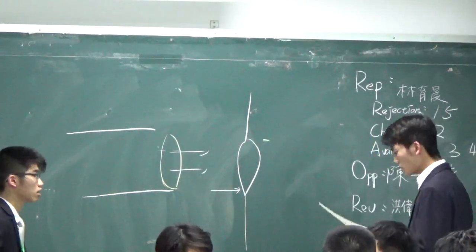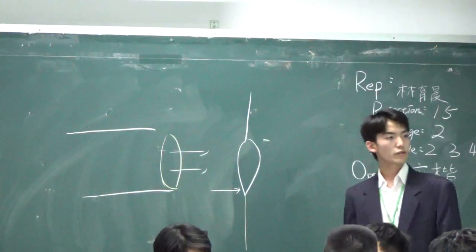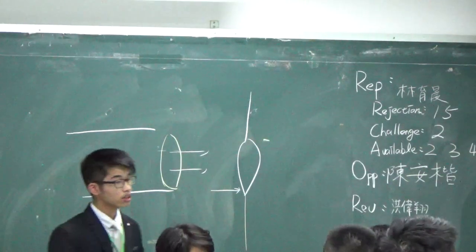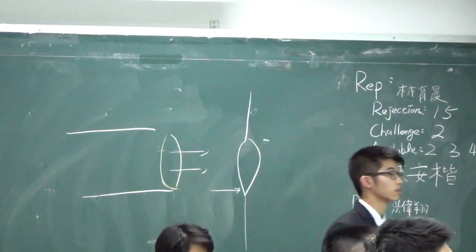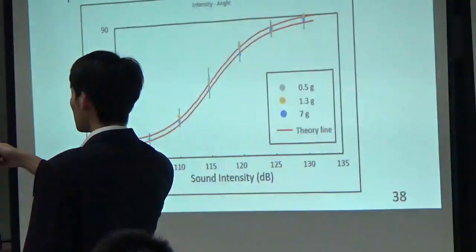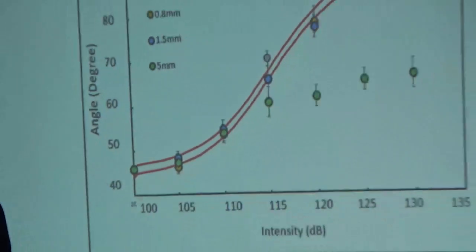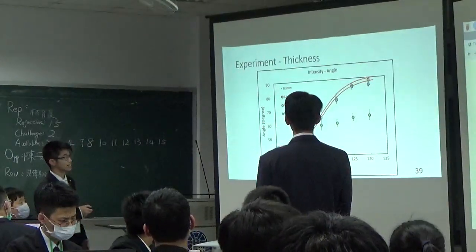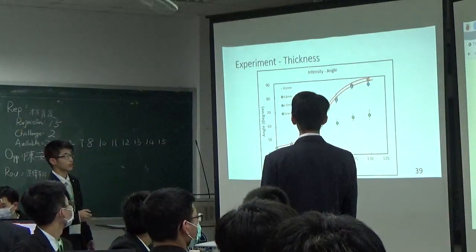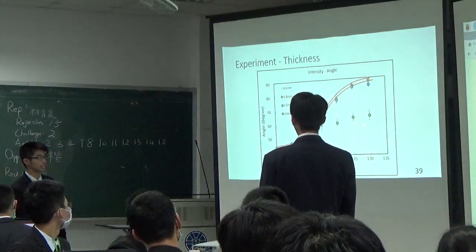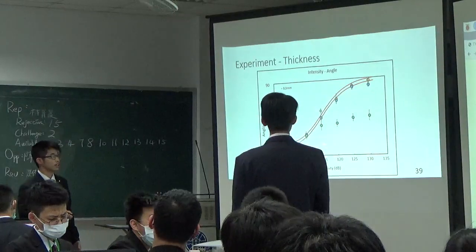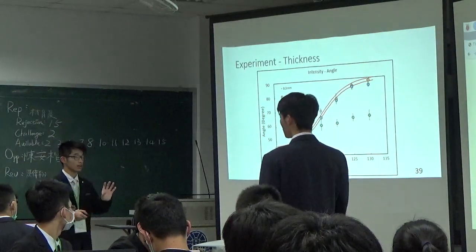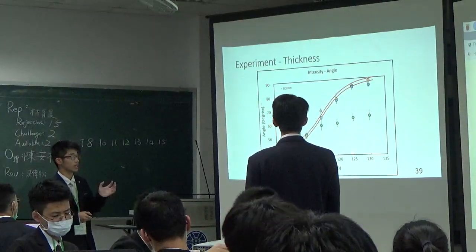So now let's talk about some parameters that may affect the experiment. How do you think the thickness of the disc will affect the result? As shown in this graph, when the thickness is high, it will affect the accuracy, because the thickness of the disc will make the tilting angle become smaller.